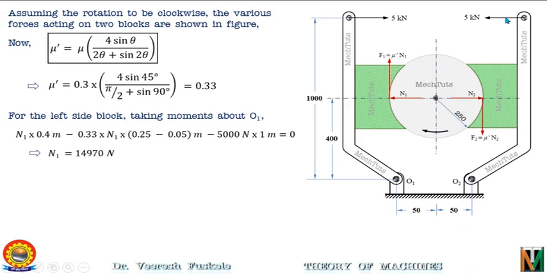Next, this 5 kN will be rotating the lever in the anti-clockwise direction about this fulcrum point O2. So that moment will be positive and the magnitude will be 5 kilonewton into this distance. This is nothing but 1 meter.